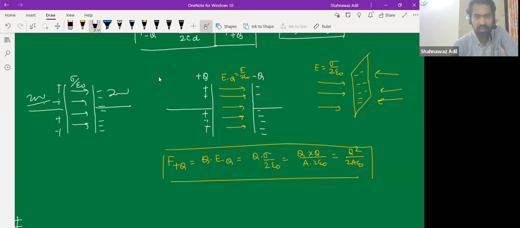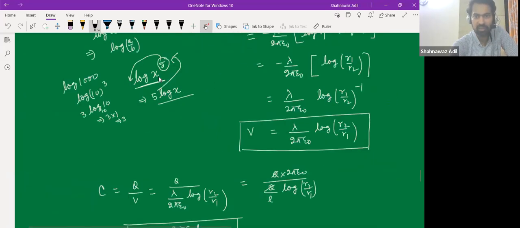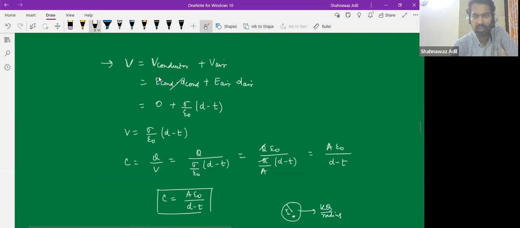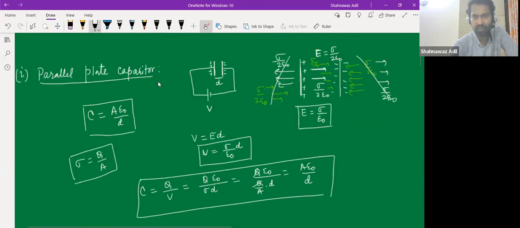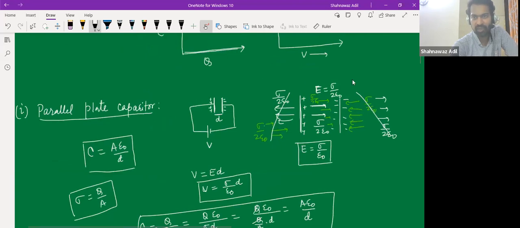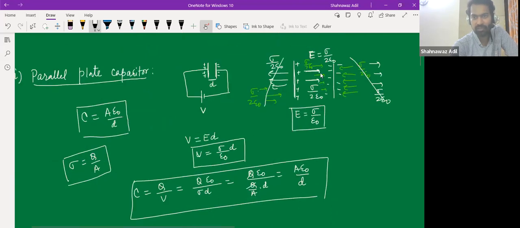So where did we use that? Yes, this one. We calculated outside this plate and found out that this part was cancelling, that part was cancelling, and only the inside part was adding, right?